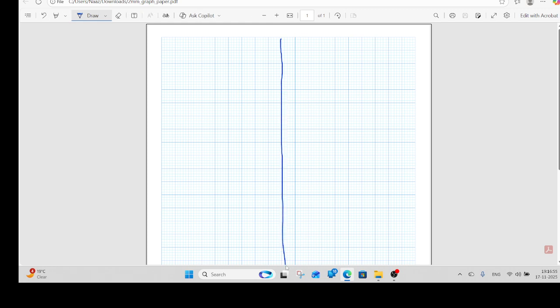Let's say this is my y-axis and this is my x-axis. So this is +2 and this is -2. For y is greater than x square minus 4, the parabola is going to go upward. There is no equal sign in the inequality, so the graph is going to show a dashed line like this.